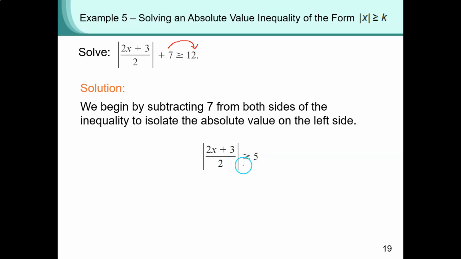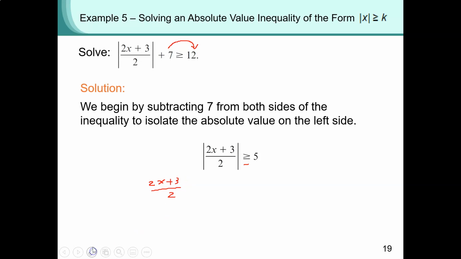Now from here, we start to rewrite it because this is a greater or equal sign. So we separate this inequality into two parts. Sorry, when we rewrite, there's no longer the absolute value sign. Let me erase it.